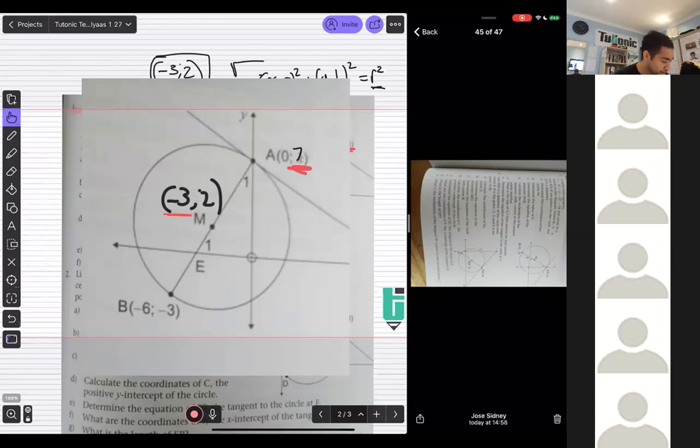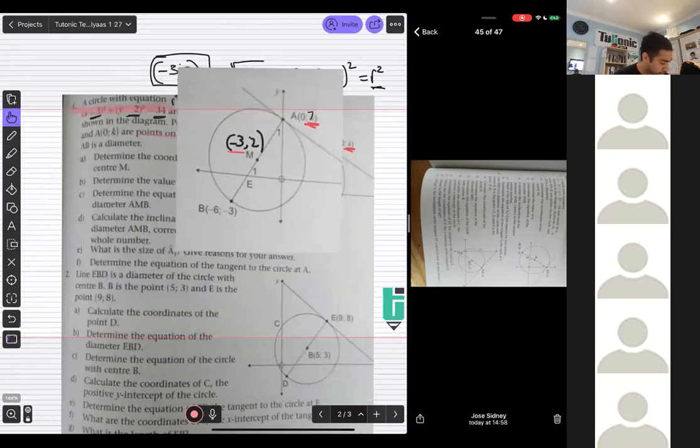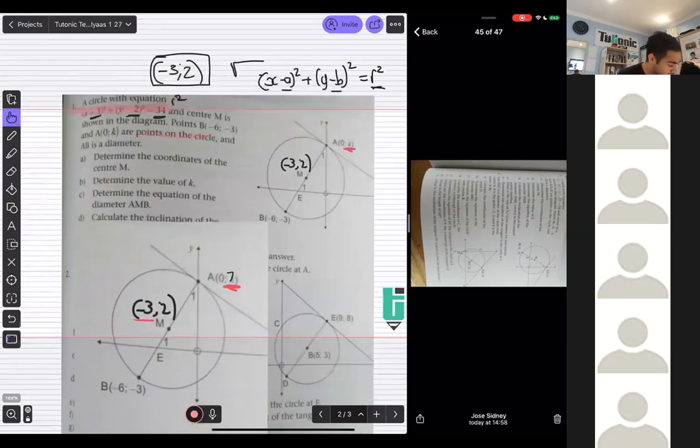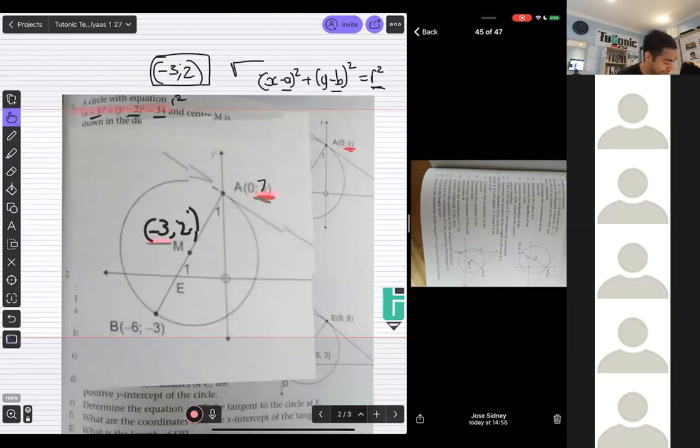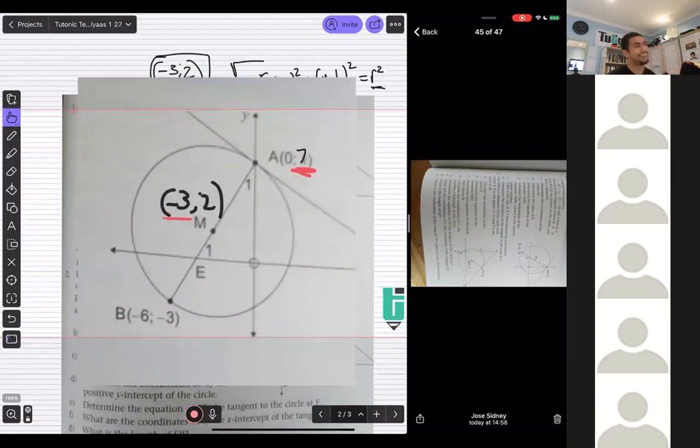Now it says the equation of AB. Are you comfortable with that? The equation of AB. You've got 2 points, so you can work out the equation.